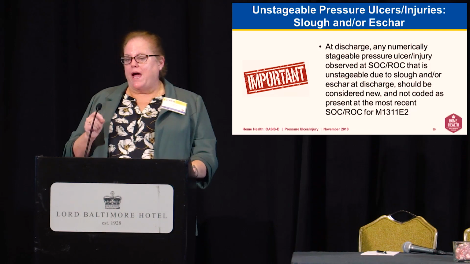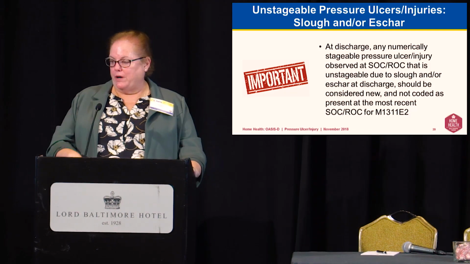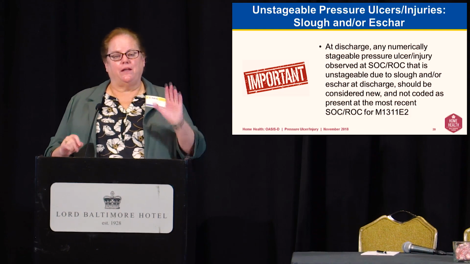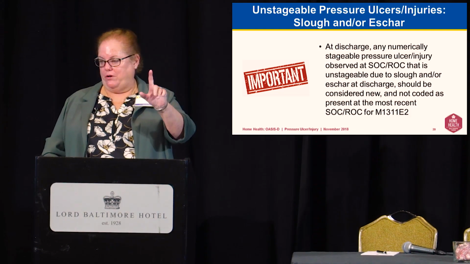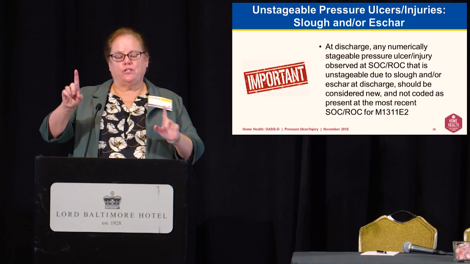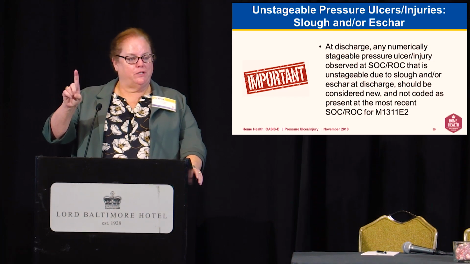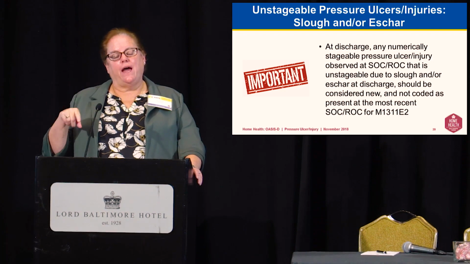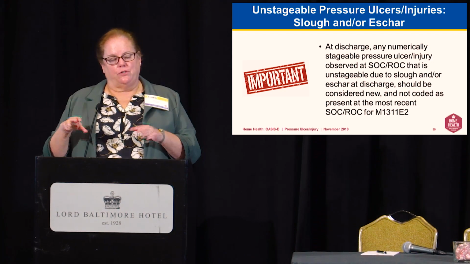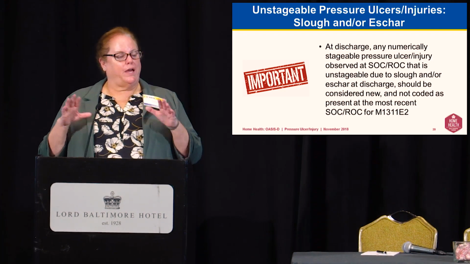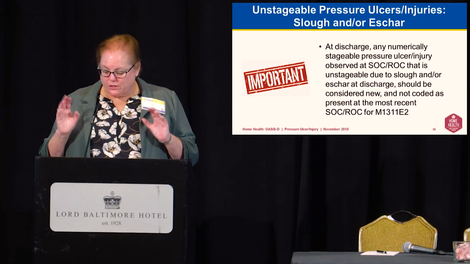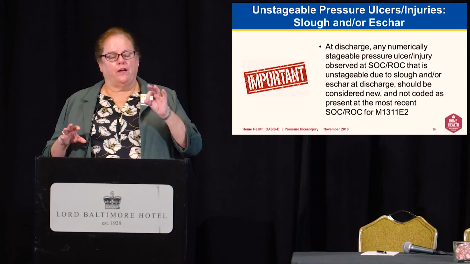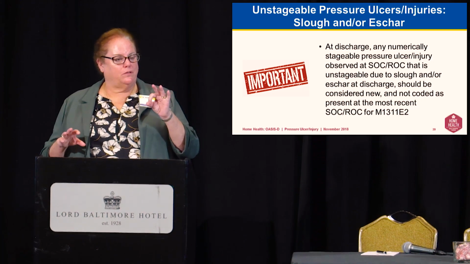So now, when we go through the coding scenario, and I'm going to go through a couple of those, you would say that on admission, they had a stage 3 on their coccyx, right? On discharge, do they have any stage 3s? No, they have 0. We'll skip the next question. Now, when we get down to the unstageable due to slough or eschar, it's going to say, on the start of care, resumption of care, did we have any of those?